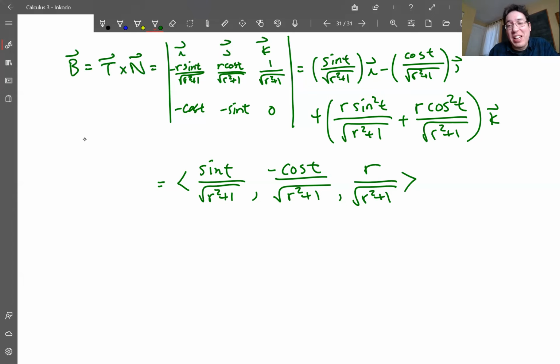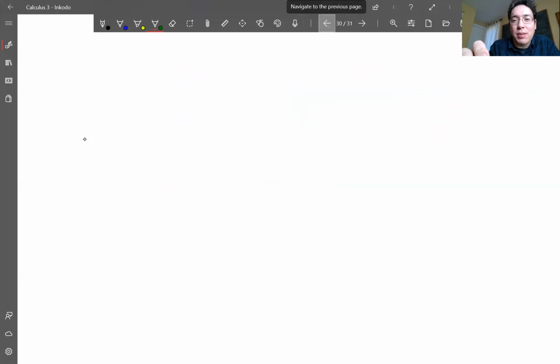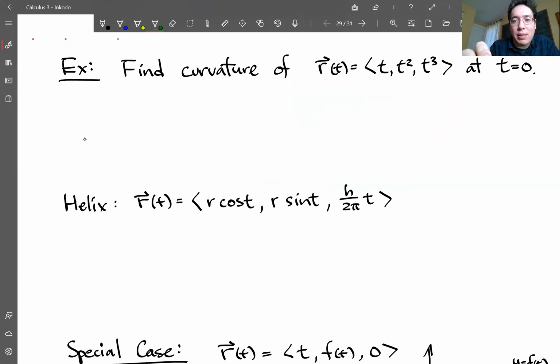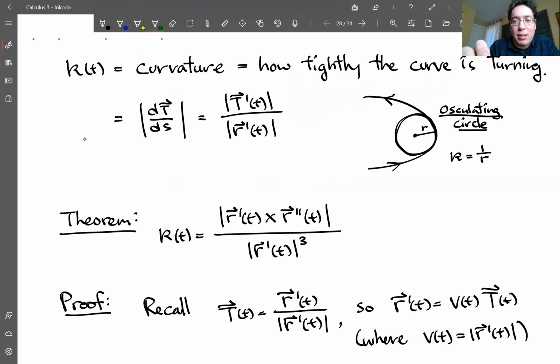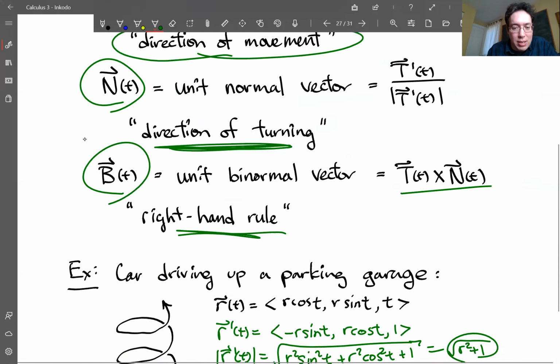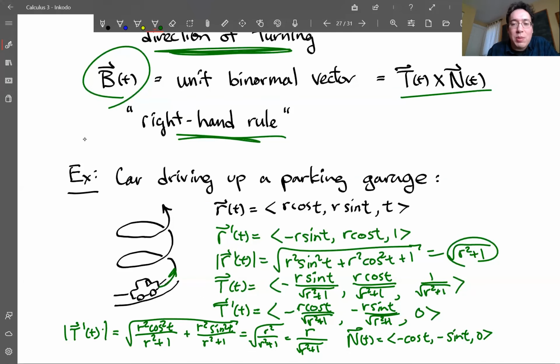So you can kind of see that these computations could get pretty messy. Let's return to the page we were at. All right, so that was the parking garage.